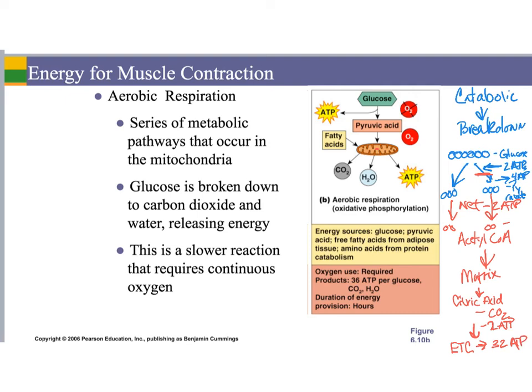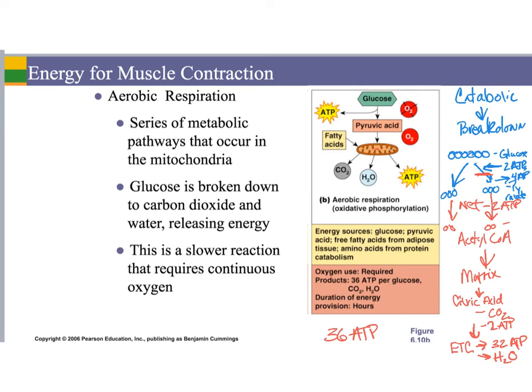We won't go into the chemiosmosis and all the different steps of that, but altogether, aerobic respiration produces 36 ATPs. And the electron transport chain is where the water is produced.